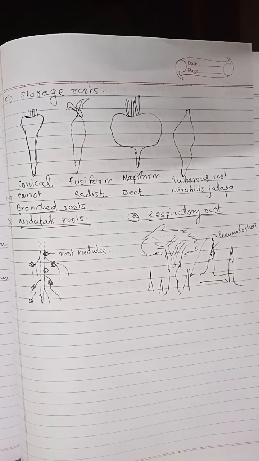Then napiform. The root is nearly globular or spherical in shape. The basal portion of the root is much swollen, which suddenly tapers towards the apex, giving a top-shaped appearance. Example is beetroot or turnip. Next is tuberous root.